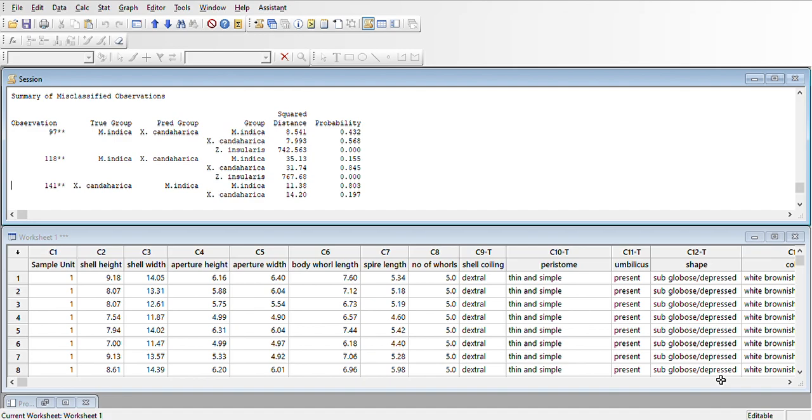So we will have to check it again. So this is all about the use of discriminant analysis in the field of taxonomy. Thank you so much.